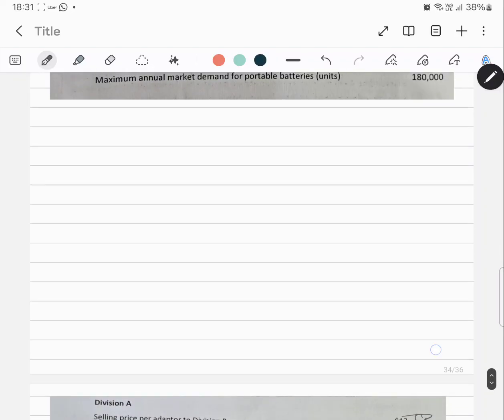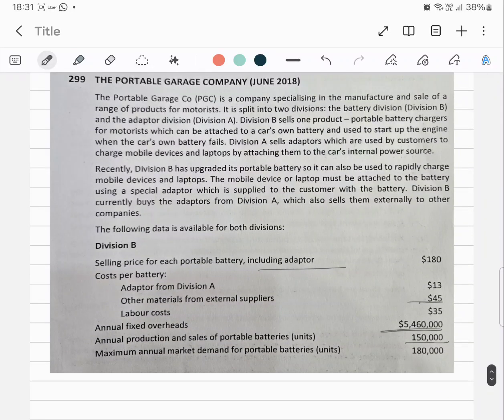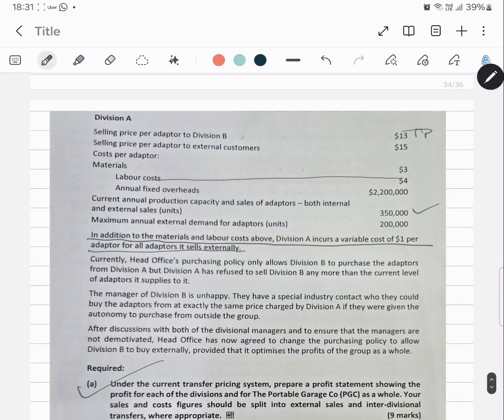Indirectly, there's not much clarity by this, but we can understand that first it is asking us to meet this slack of 30,000 in division B. So it will have to place this order with division A.